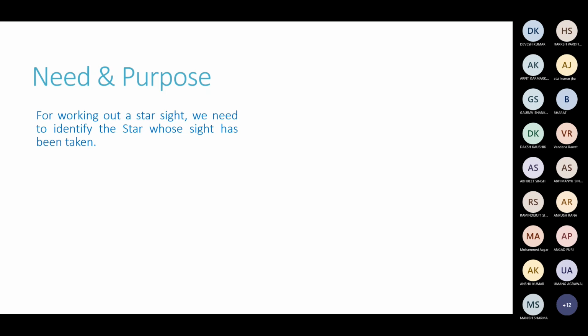Now, when we use the stars for site taking, one important thing involved in the process is the identification of the star. When we go out to take a site and observe a particular star, we take its altitude, we take its azimuth, and then we come inside to work out that site.